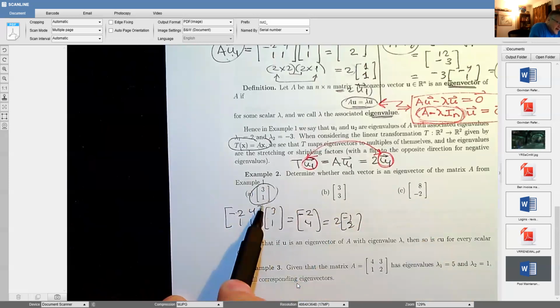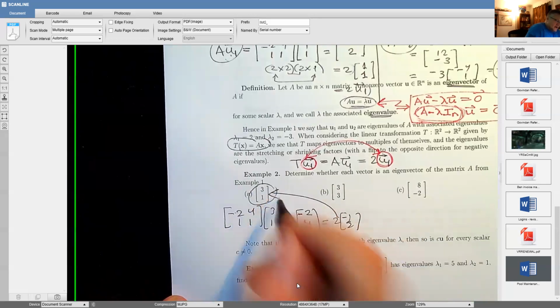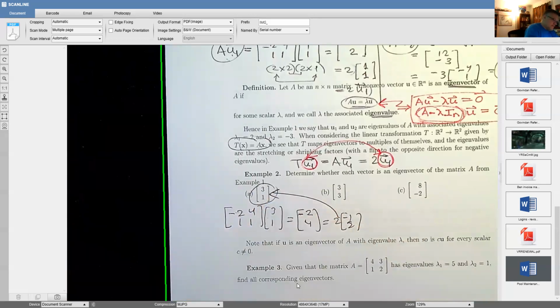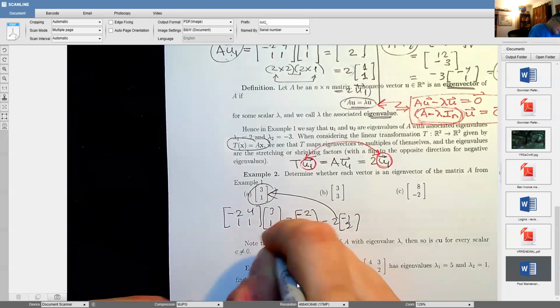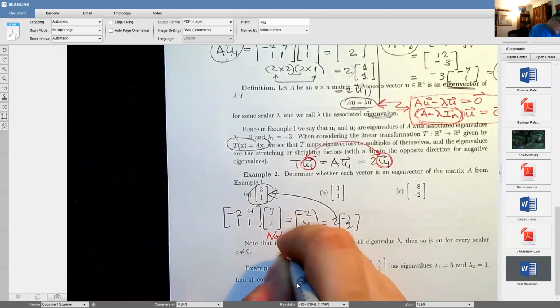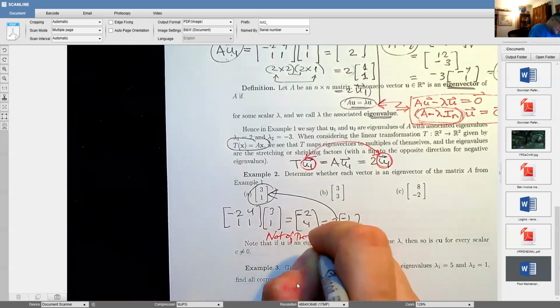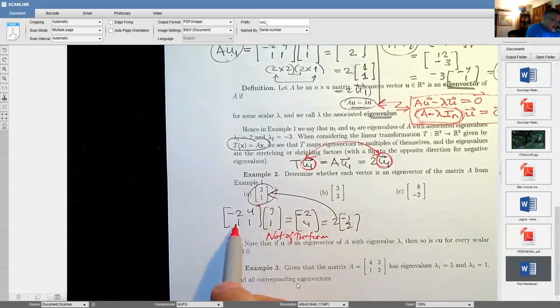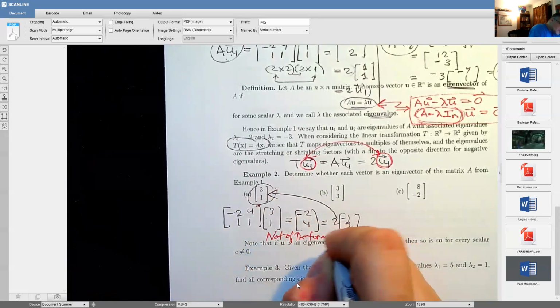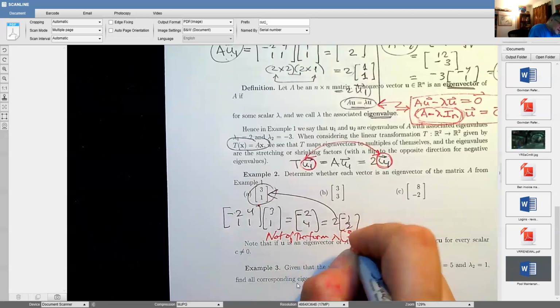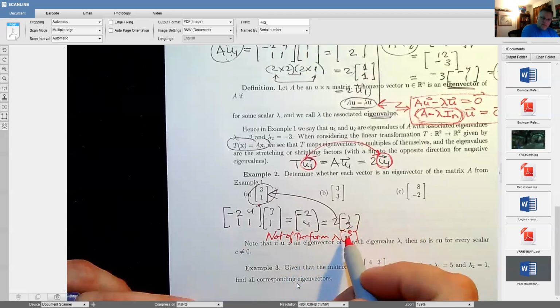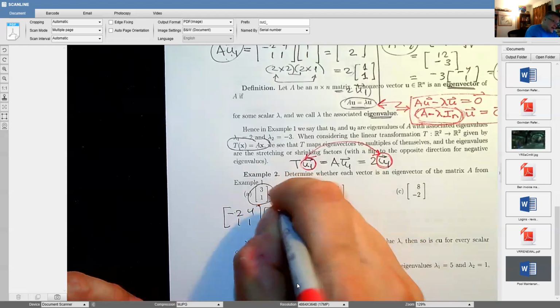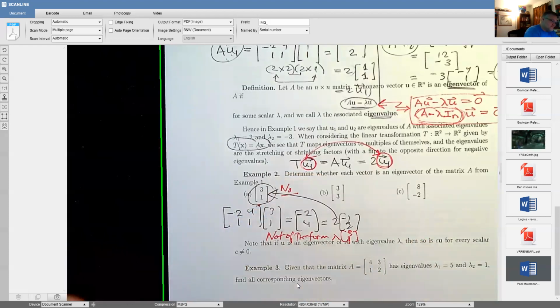In either case, it's not a scalar multiple of that guy, and so not of the form. Remember, in order for this to be an eigenvector, the output of multiplying on the left by A should be this times a scalar. So it should be lambda times 3, 1, and that is not what's happening here. So this is not an eigenvector of A.